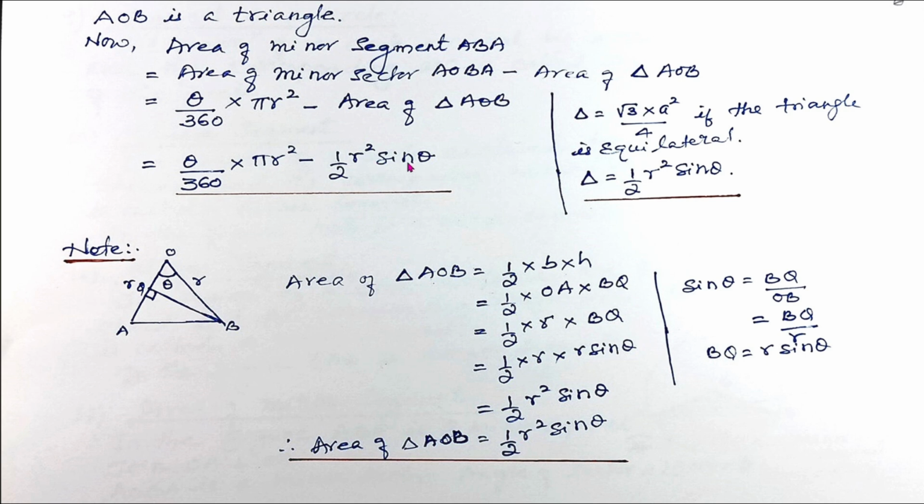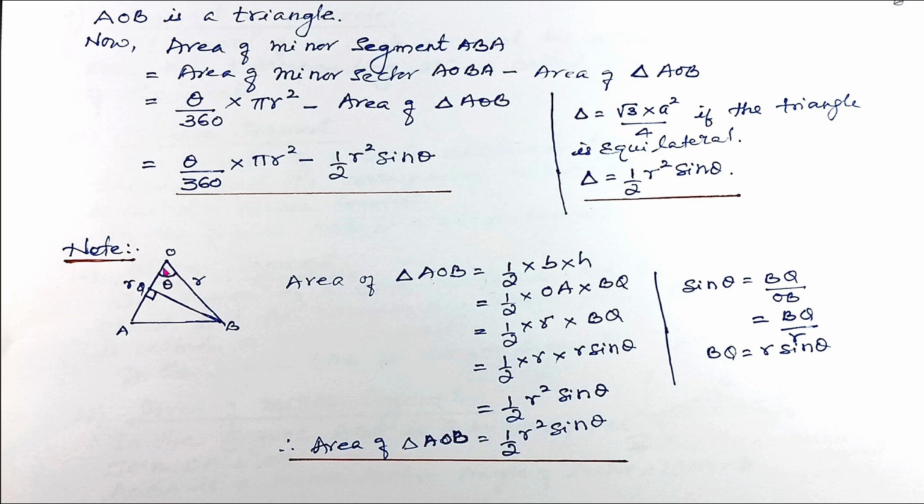Now let us understand how we got this half r square sine theta for the area of a triangle. If you take the triangle AOB, then OA and OB are radii, then draw a perpendicular BQ to OA. The area of this triangle AOB is equal to half into base into height, that is half into OA as the base into height BQ. Now we can find BQ using the trigonometric ratio sine. Therefore this is the central angle for the arc.